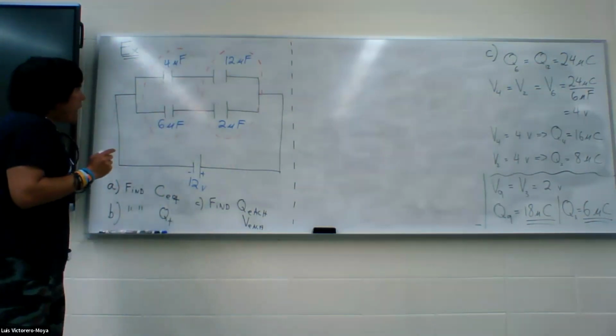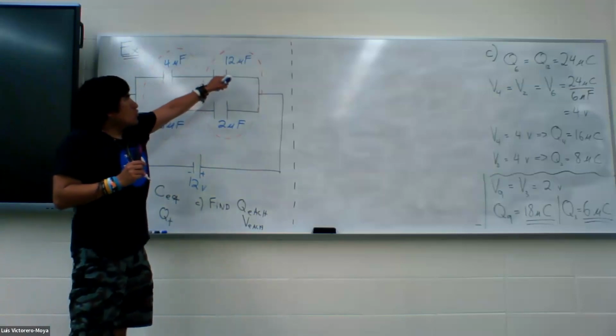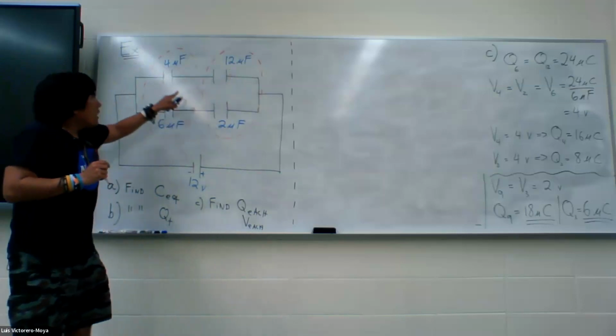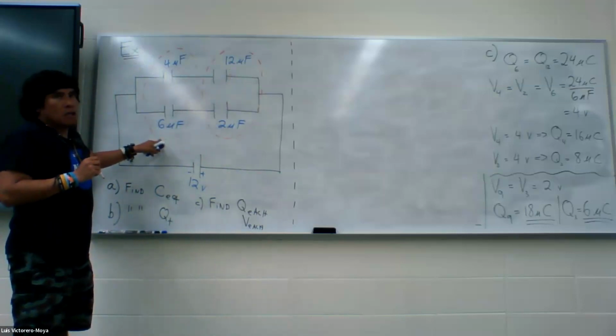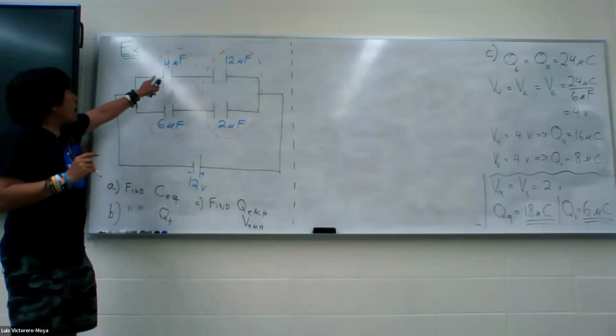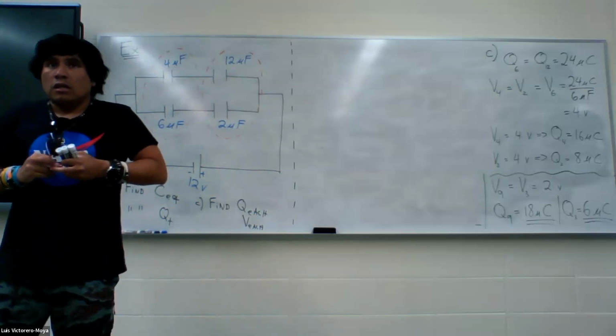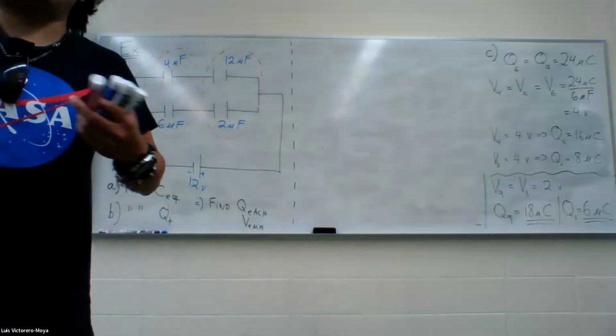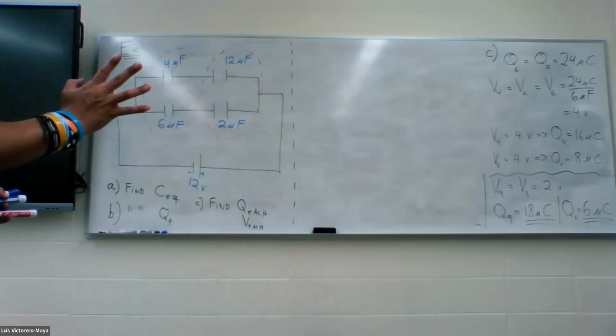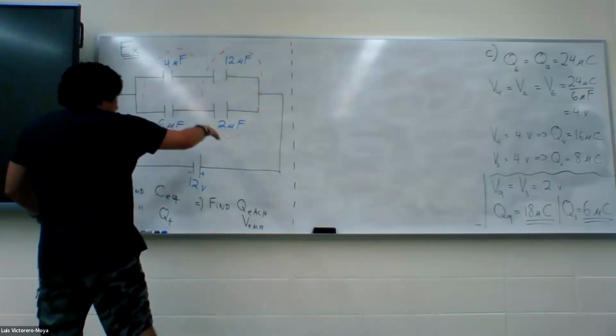If you try to say that these are in parallel and these are in parallel, before realizing that these are in series, then you will get the wrong answer. And I've seen this a few times, it happens. So be careful. That's not correct.